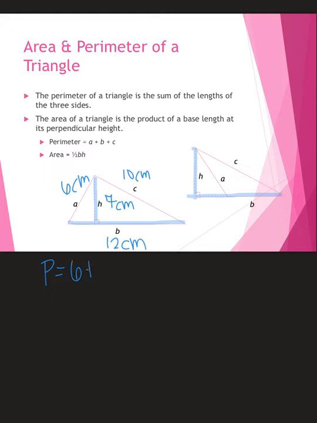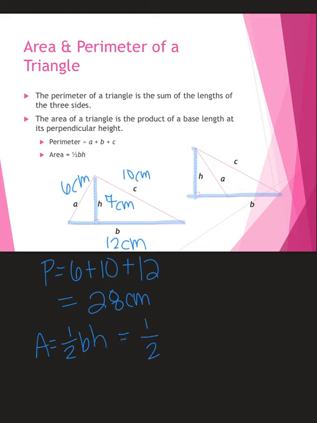So 6 plus 10 plus 12 is 28 centimeters. And then to do my area, I'm going to do 1/2 base times height. So that's going to be 1/2 times 12 times 7.